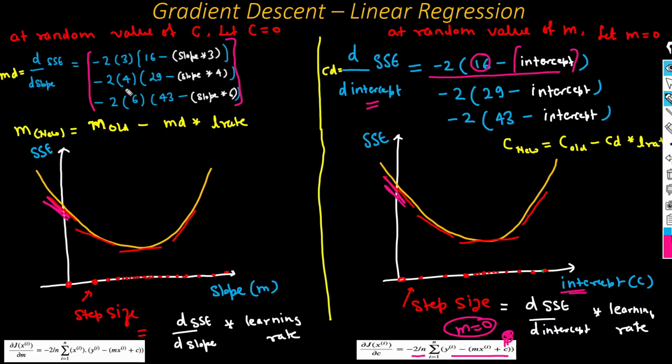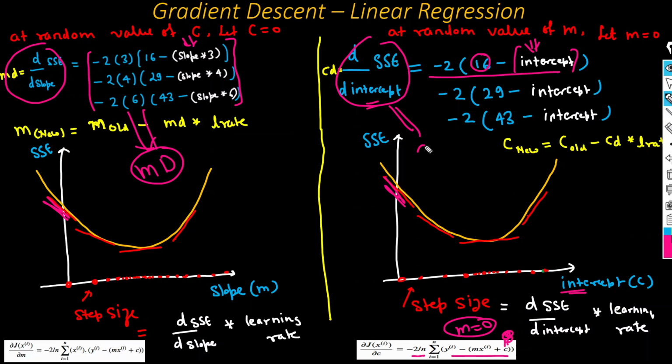So we will use different slope and different intercept values, and we will calculate this particular intercept and slope, because we have 2 derivative equations. We can say this is your MD and this is your CD.